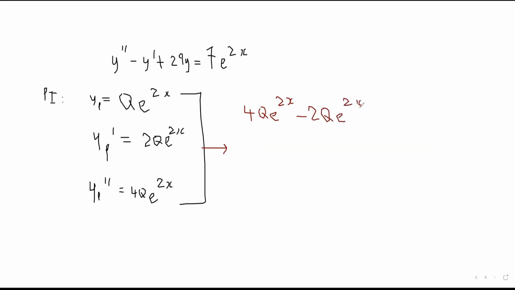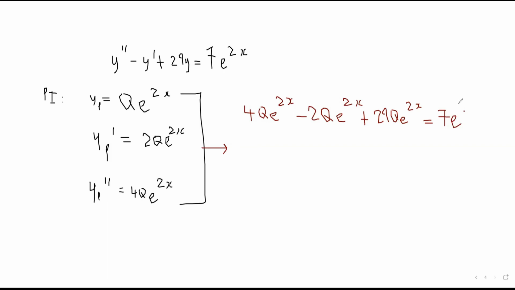Then you have plus 29 times y, which is plus 29q e to the 2x, and that is equal to 7e to the 2x.